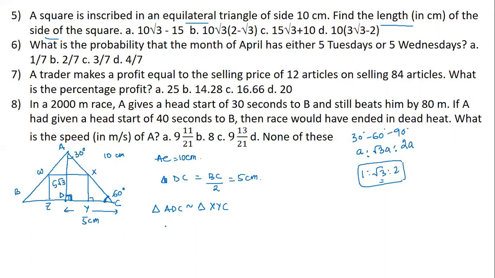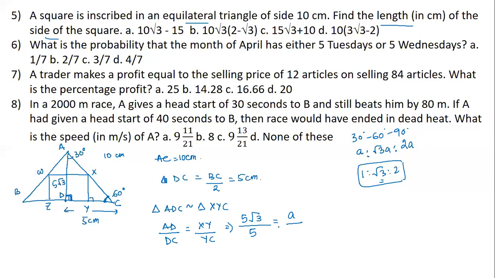So I can say that AD by DC would be equal to XY divided by YC. Now what is AD? AD is 5 root 3, we have just calculated. And DC is 5. XY is basically the side of the square. Let me call this a.